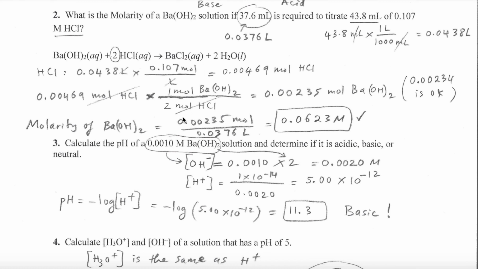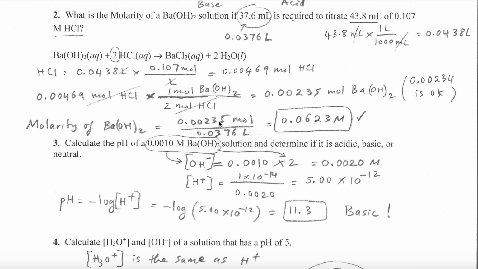Now, after you get the moles of barium hydroxide, you can calculate molarity. Remember, back in chapter 5, when we learned molarity, it is the number of moles divided by the volume in liters. And we already did that. We converted that to liters, 0.0376.